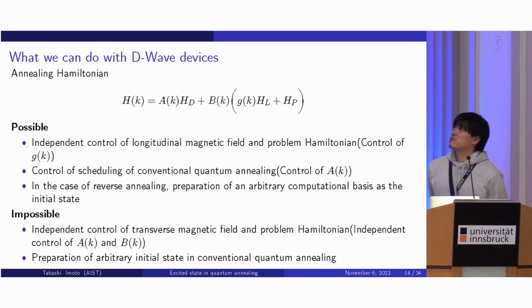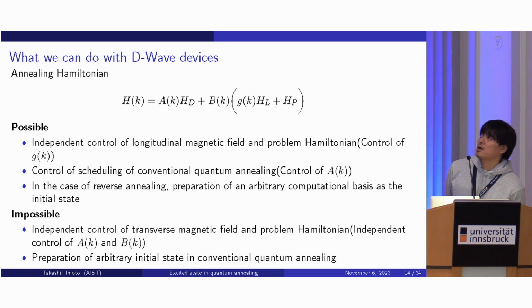Next, we should discuss what we can do with the device. This is the annealing Hamiltonian, and this is the reverse annealing Hamiltonian. With the device, we can implement independent control of the longitudinal magnetic field and the problem Hamiltonian.